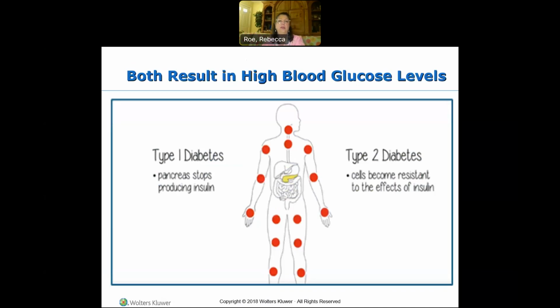So type 1 diabetes and type 2 diabetes are a little bit different. In type 1 diabetics, the pancreas stops producing insulin altogether. And then in type 2 diabetics, the cells become resistant to the effects of insulin. So there are some differences in that, and I want you to be aware of that.